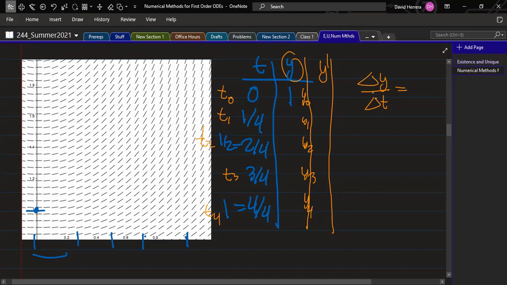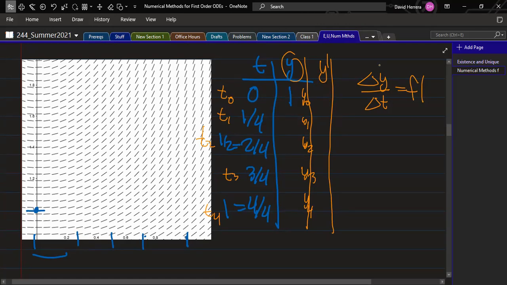So the actual step size here, the slope that we're going to be using when we go over by the step size, is going to be the slope that we got from the previous point. So it's going to be f of, from this point right here.